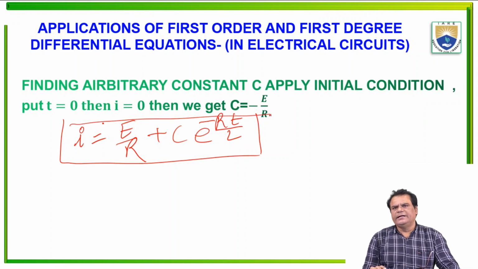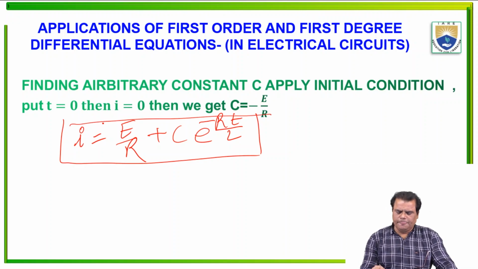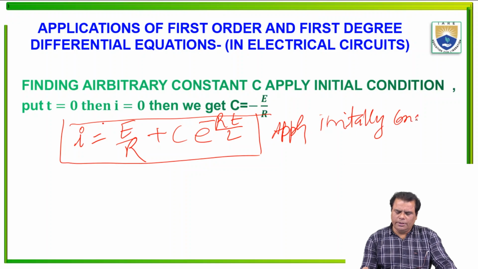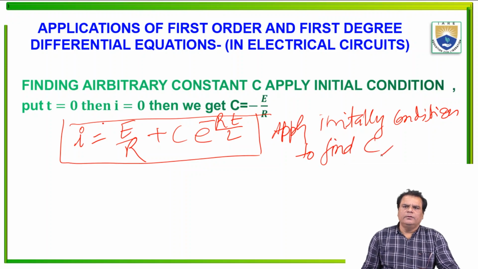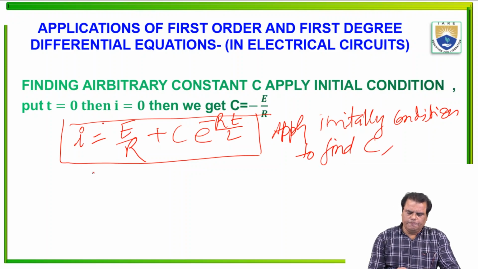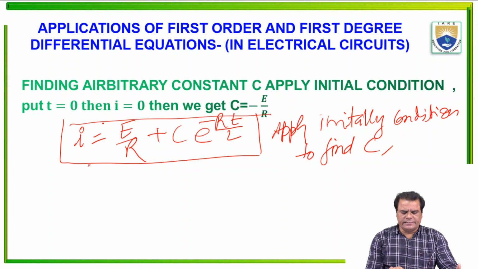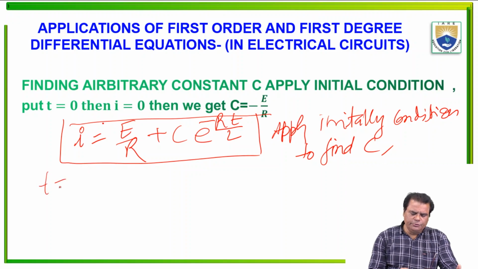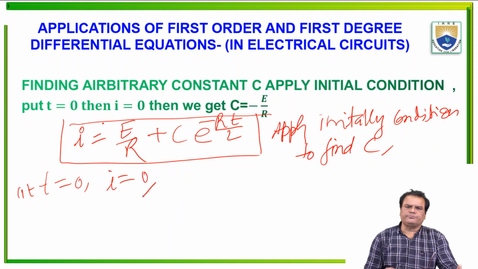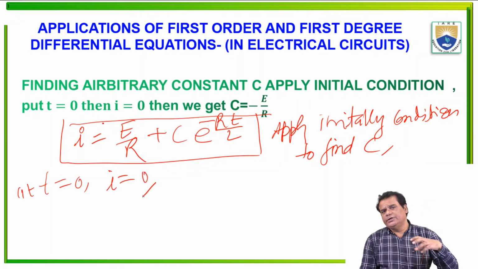Now apply the initial condition to find the value of C. So what is the initial condition? At t equal to 0, I is 0. T is the initial time.